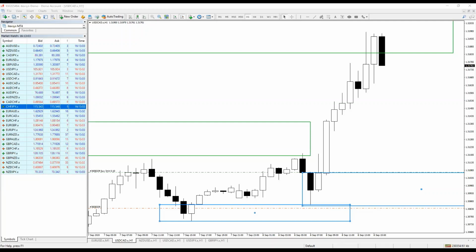Ashish Tuli says it's very similar to support and resistance, and this is a very important topic. Thank you, Ashish, for bringing this up. A lot of people mix support and resistance with supply and demand. Although they both discuss key levels in the market, I think the advantage of supply and demand is that you have a definition of your actual trade in terms of your risk as well.